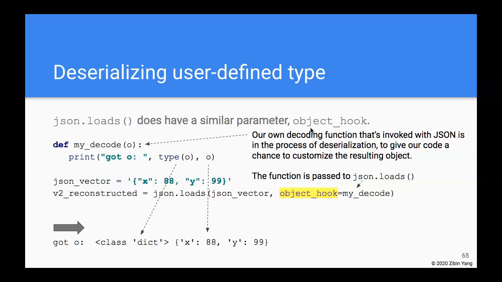It's called object_hook, and if we pass it a function, then the JSON decoder, in the process of deserialization, will call this function that we pass as an argument to object_hook to give us a chance to customize what kind of object the JSON is going to deserialize into.